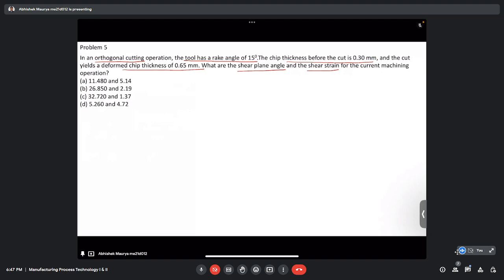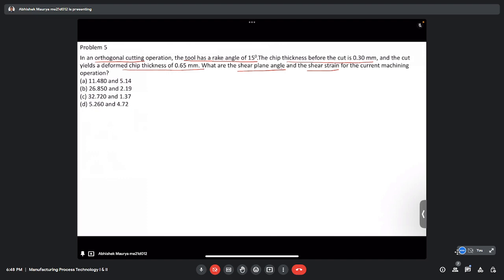So we have to find out the shear plane angle and shear strain. So let's quickly try to understand what the rake angle is, what the uncut chip thickness is, what the deformed chip thickness is, from this schematic.